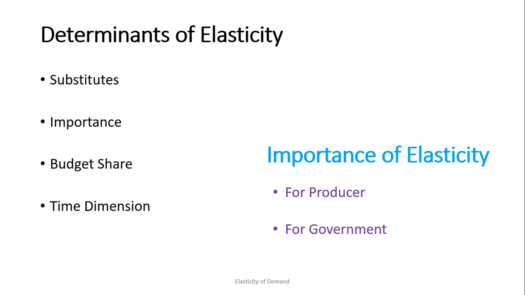And the value of elasticity also helps monopolists to opt for price discrimination. If the elasticity of demand in different markets is different, then the producer may change the price of its product in these two markets and hence can maximize his or her profit.